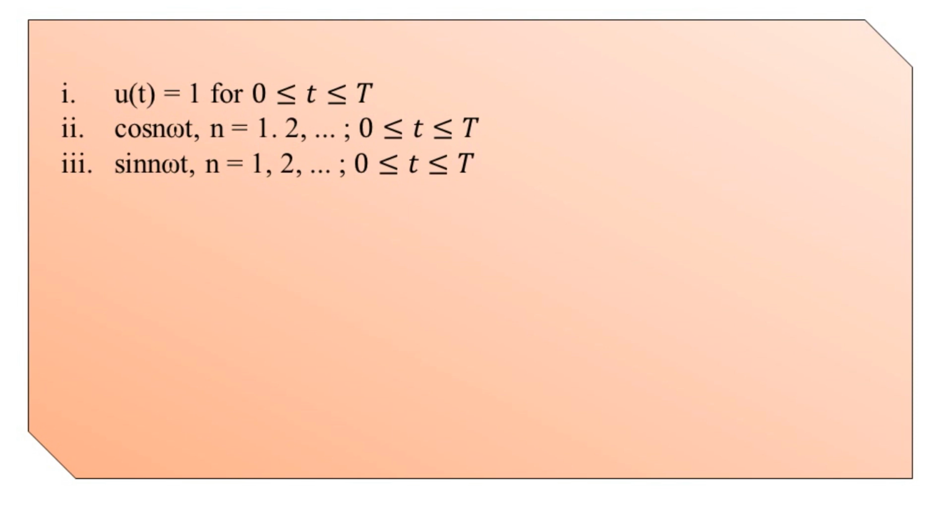For practical signals, the functions are assumed to belong to this particular space, generally denoted by L square. The meaning is that practically any continuous signal existing in the interval from 0 to capital T can be represented using the signals in points 1, 2 and 3, the part of the set of functions here.